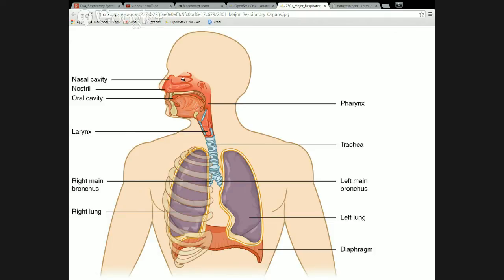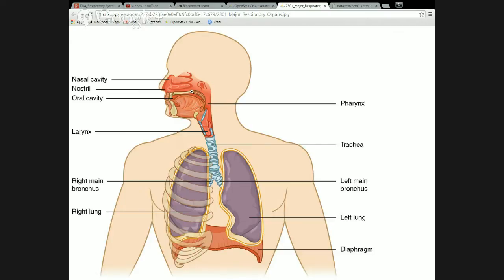But that's the ethmoid bone. And then as we move back, right about here is the sphenoid bone. And then between the sphenoid bone and the other side of the internal nares is where air moves on into the rest of the tract, which we'll get onto in a little while.